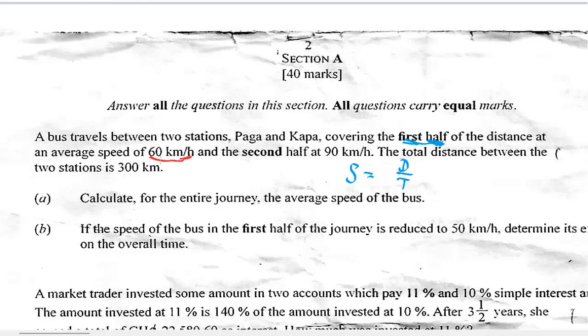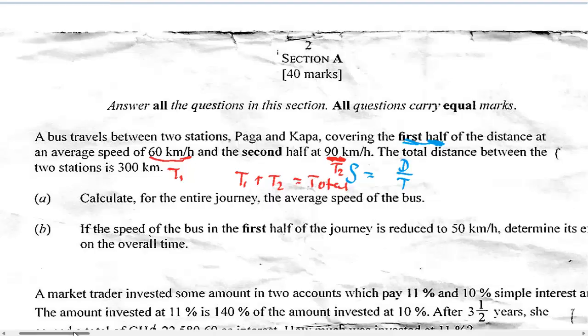And note that this speed was used to cover a distance of 150 kilometers. So to get the total time involved, we have to get the time used to cover the first part of the journey plus the time used to cover the second part of the journey. That will be T1 plus T2. That will give us the total time involved.